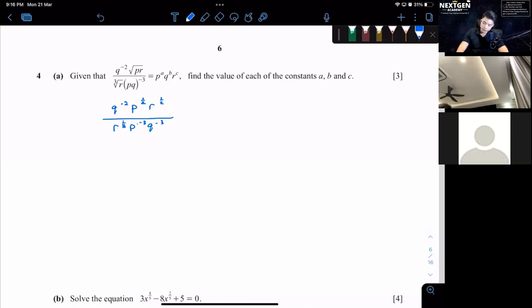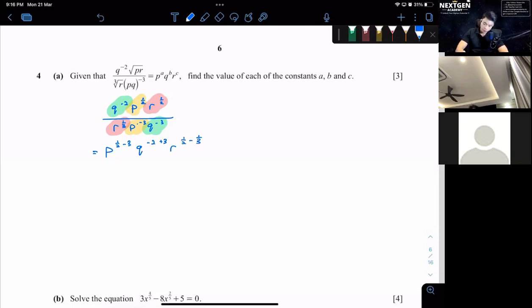Okay, same family: Q and Q, P and P, R and R. Put it together. So you either plus or minus it because it's just a divide. The top will divide the bottom, so it will minus the bottom. P to the half minus negative 3, Q to the negative 2 minus negative 3, so it will be plus 3, R to the half minus 1/3.